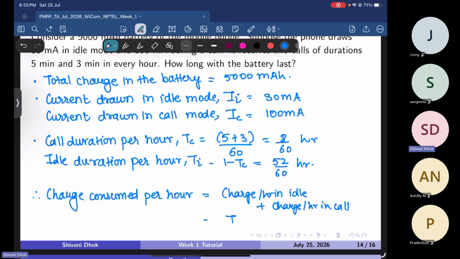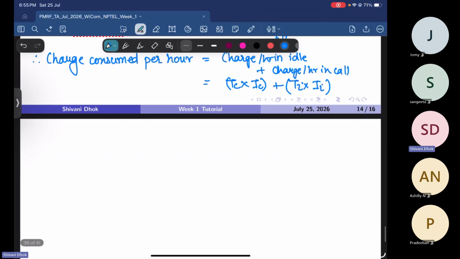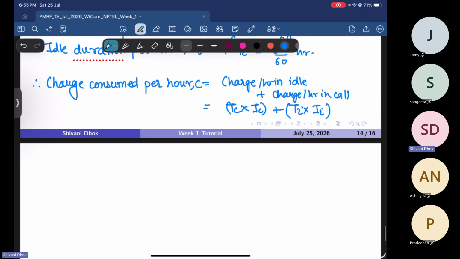So this is basically TC into IC plus TI into II. Let's say this is C total.